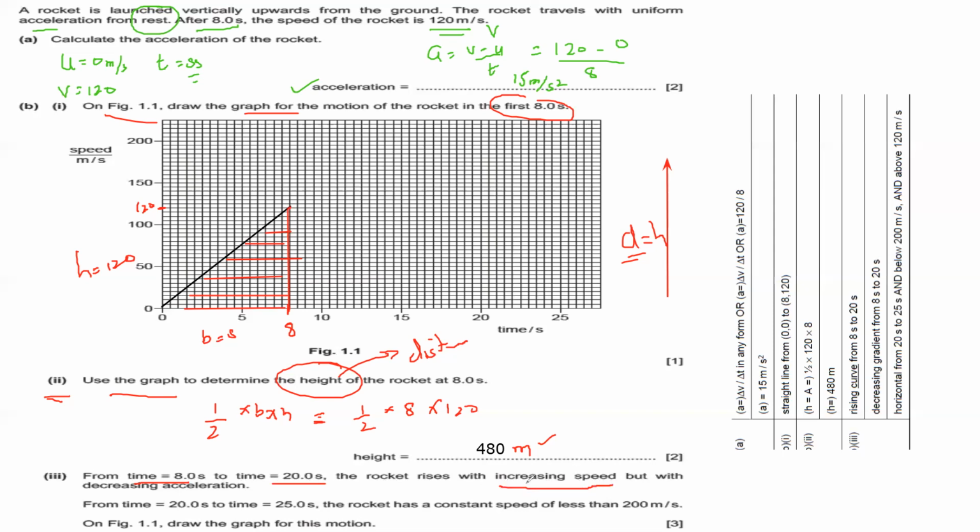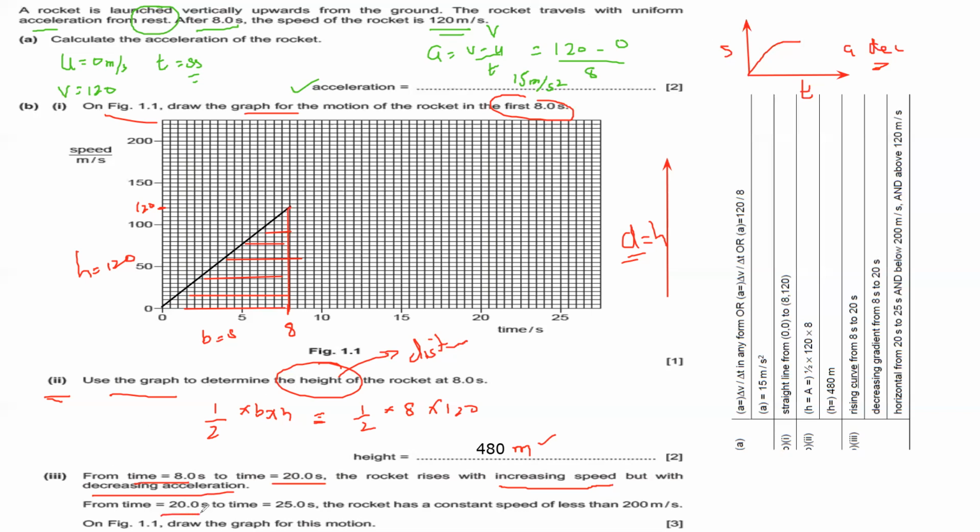So when acceleration is decreasing, how do we complete a graph? We reduce the slope. When it's a speed time graph, if acceleration is decreasing, we should draw a decrease in gradient.